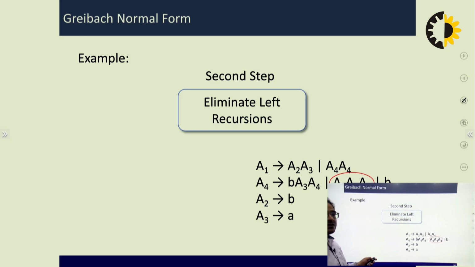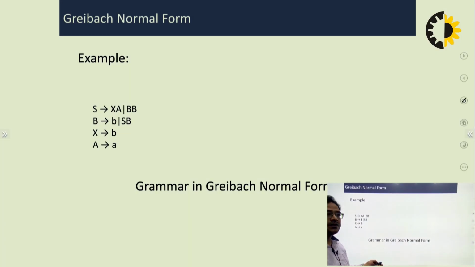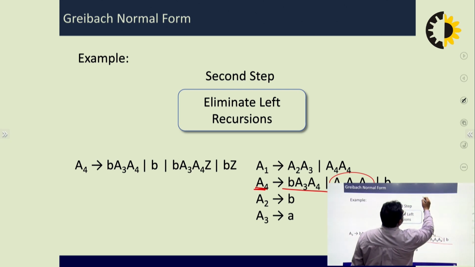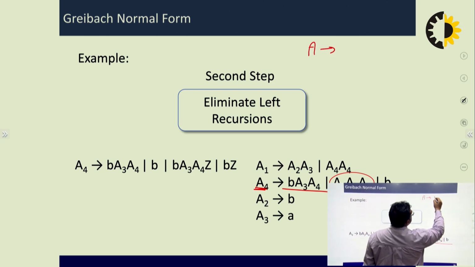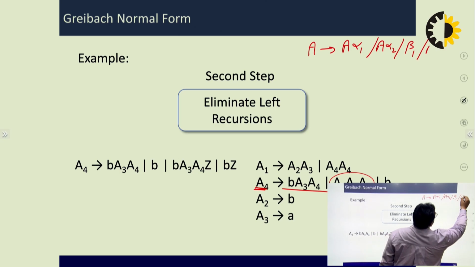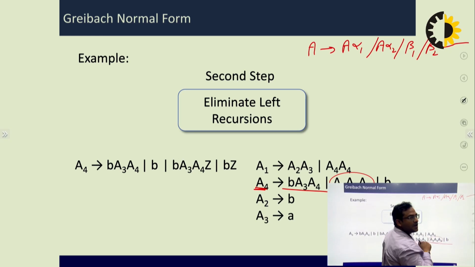Let me explain left recursion. I'm going to solve this production A. Left recursion says that if A tends to A alpha 1, A alpha 2, then beta 1, beta 2 and so on, if any production is in this form, it is called left recursion because it has a left recursion relationship.